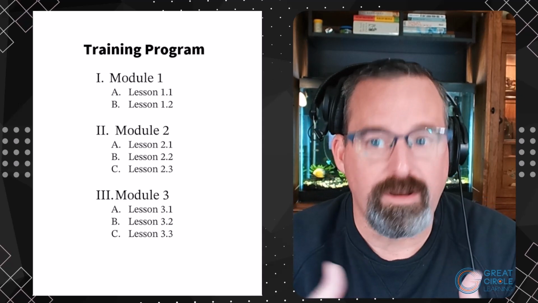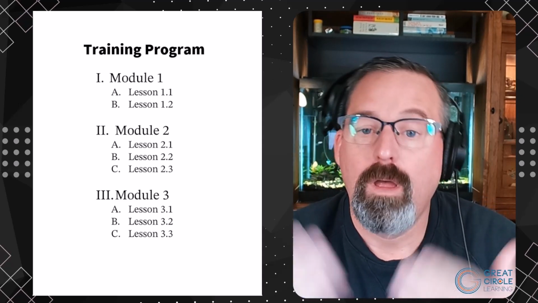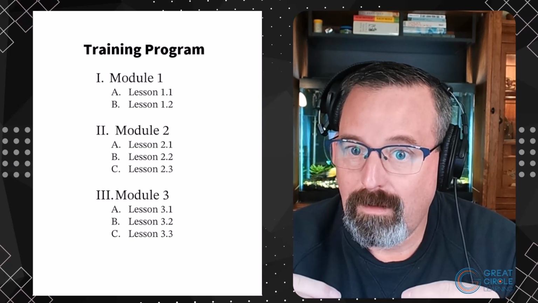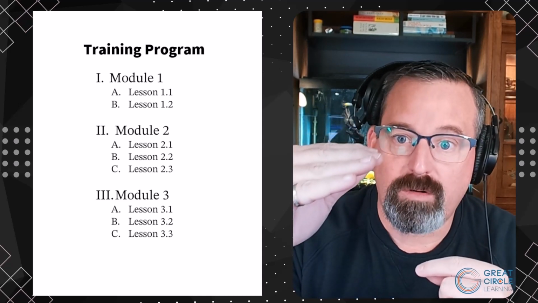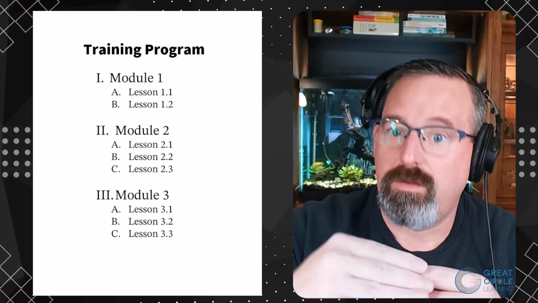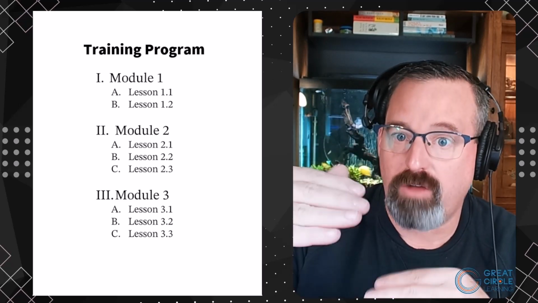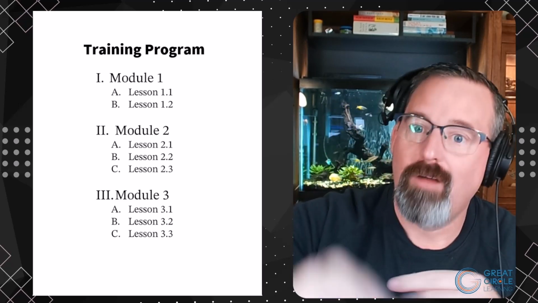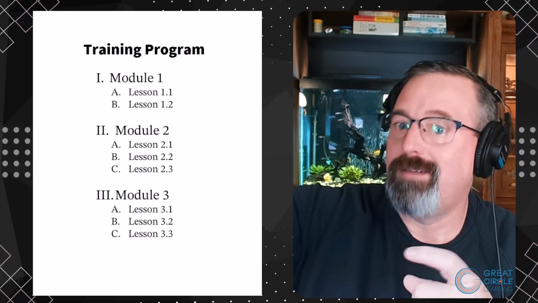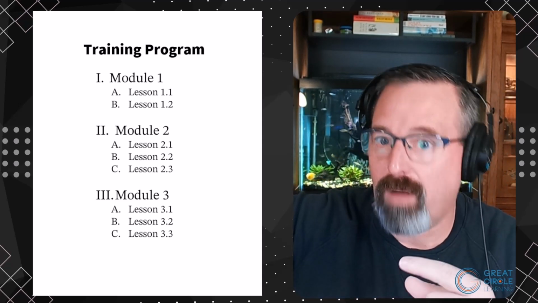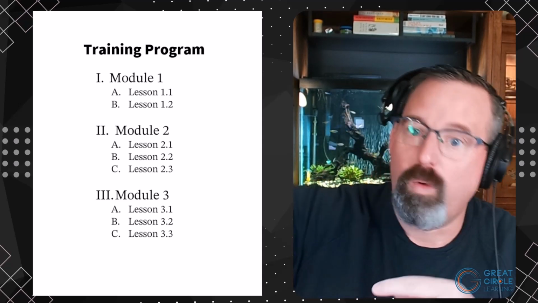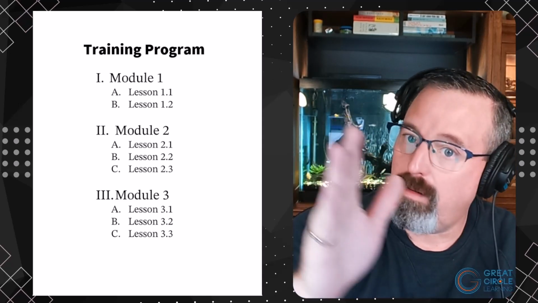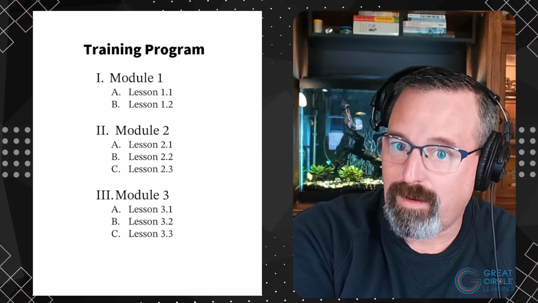And this is a point, especially when you're using Leader Guide Pro: a module cannot exist without a lesson. The way you get to that module is through a lesson or a series of lessons. They're the smaller steps taking us to the bigger step, which is our module or our terminal objective, and those bigger steps take us to the goal. But a module cannot exist without a lesson.